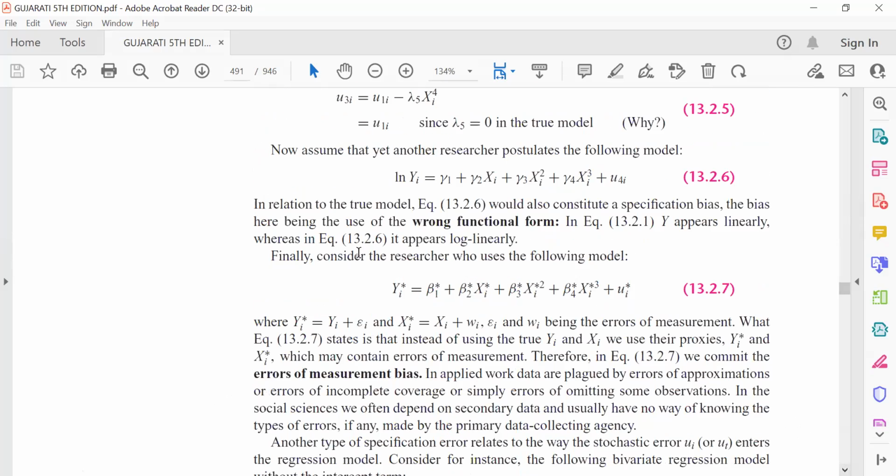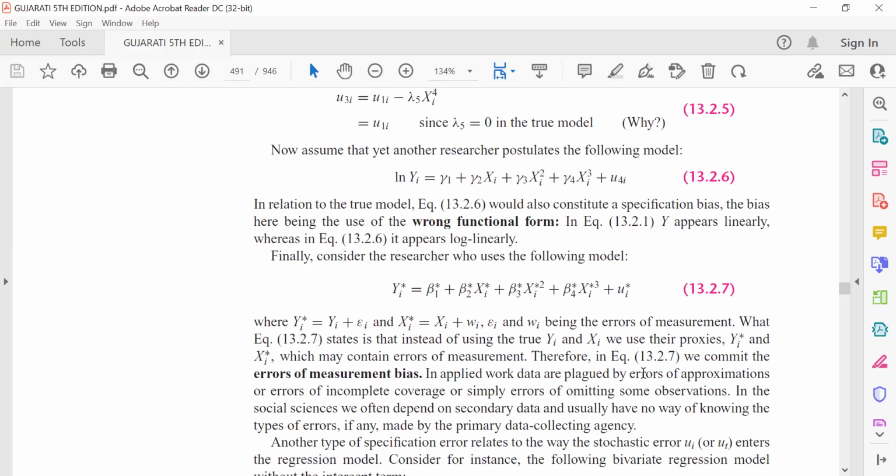Finally, another researcher uses this one. Y star is Y plus the error, and X star is X plus W, with E and W being measurement errors. In equation 13.2.7, instead of using Y and X, we are using the proxies Y asterisk and X asterisk, which might contain errors of measurement.